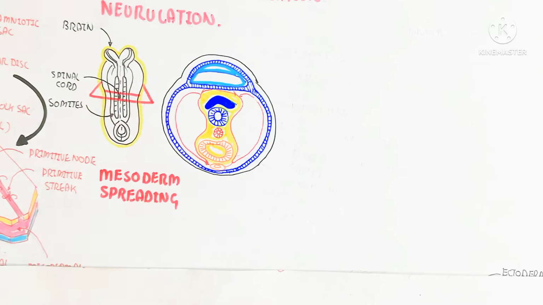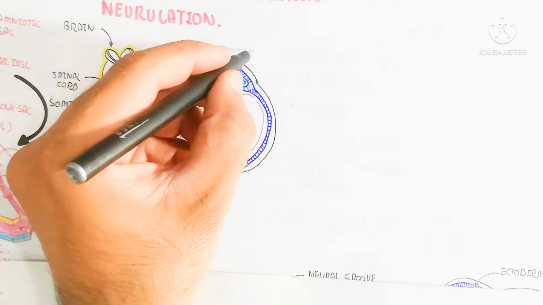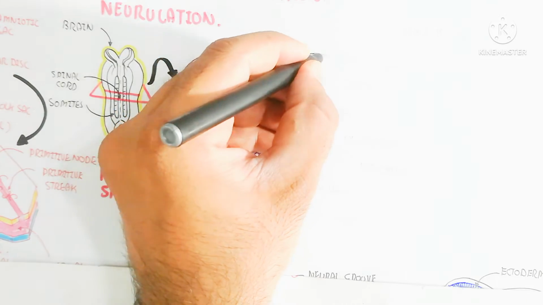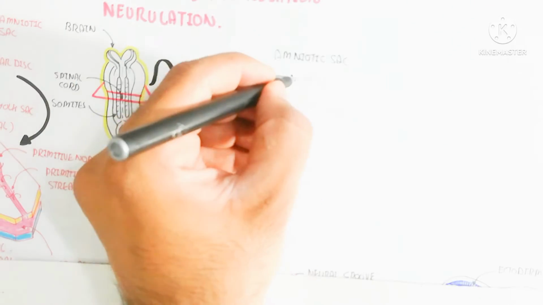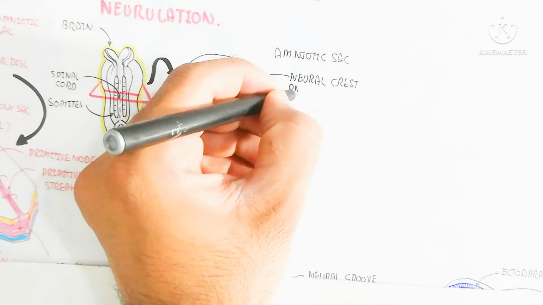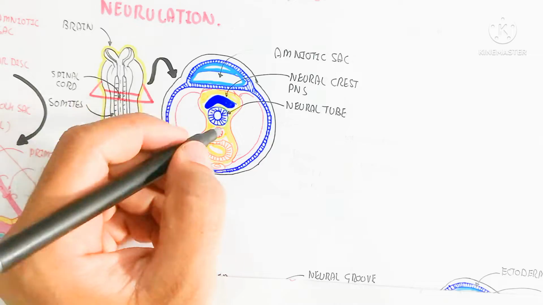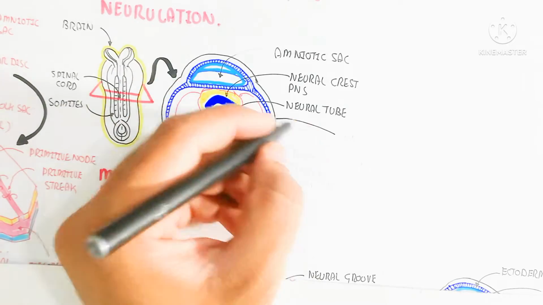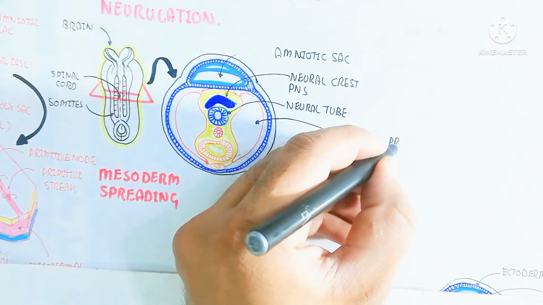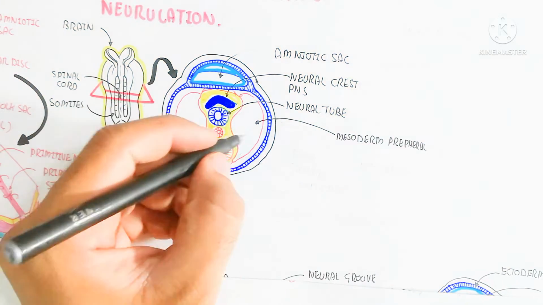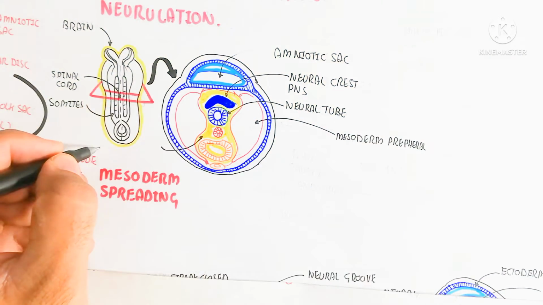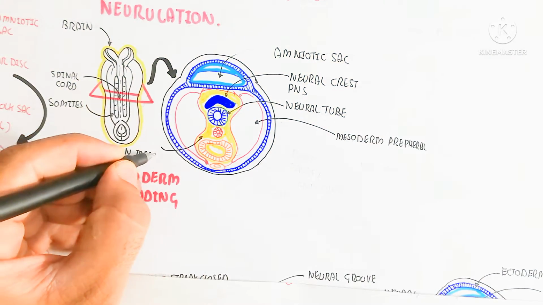And the notochord is basically used for the vertebral column because it arises from the mesoderm. And the yellow color shows the median mesoderm, which produces the heart, lungs, as well as the liver. On the other hand, here is the neural tube, which is the precursor of the central nervous system, and this is the peripheral mesoderm.